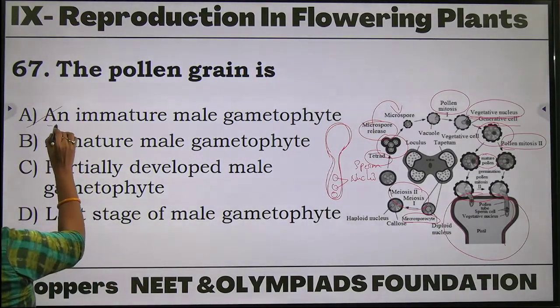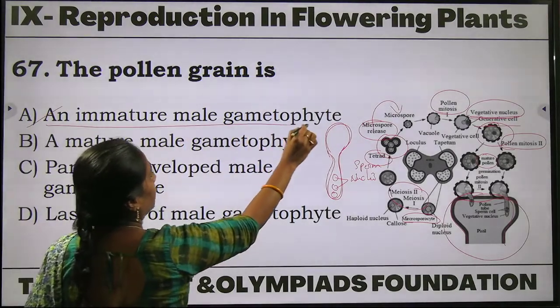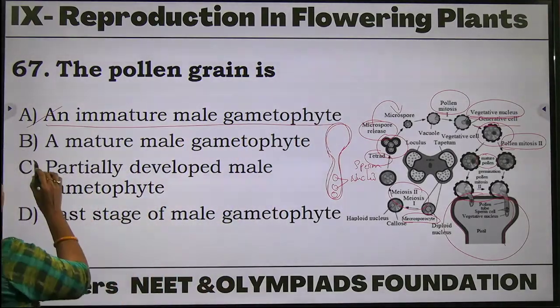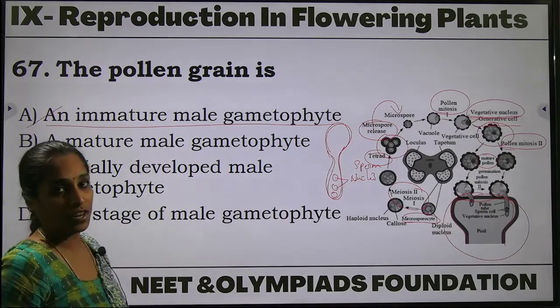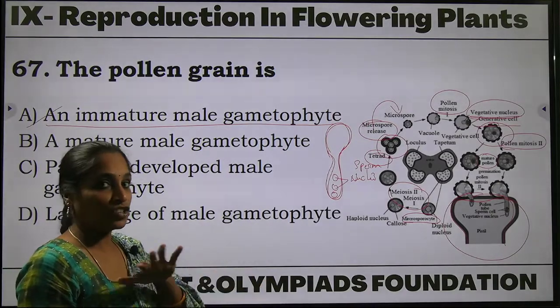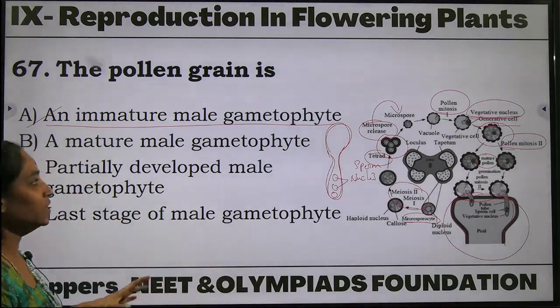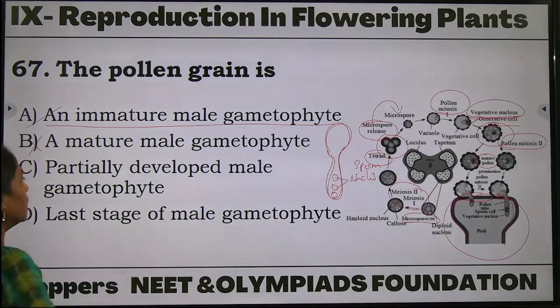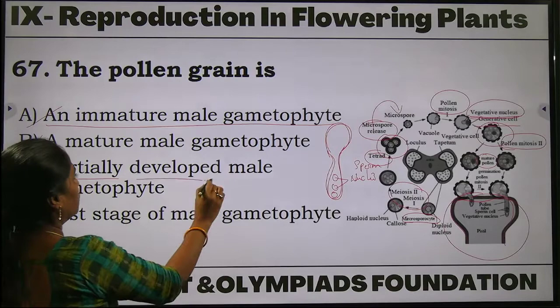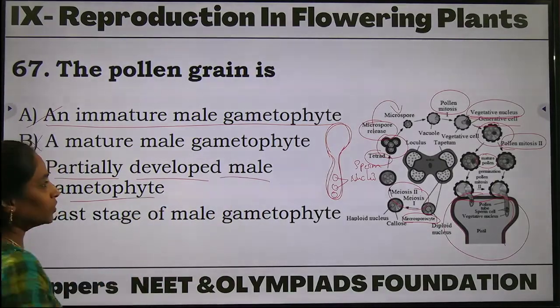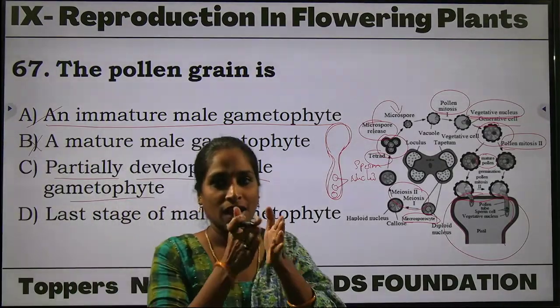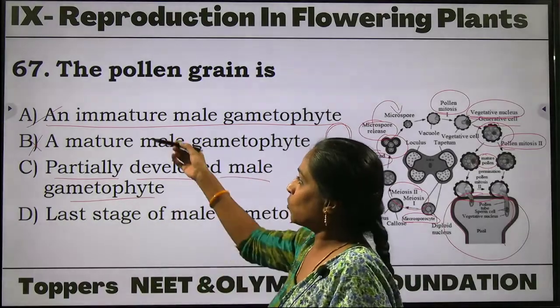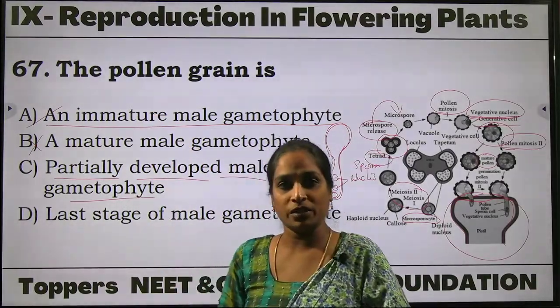The pollen grain is an immature male gametophyte. When it is in a sac, it is not at the maturity level, so option B is not correct. Coming to option C, a partially developed male gametophyte, partially means half. So option A and option C might be the correct ones.